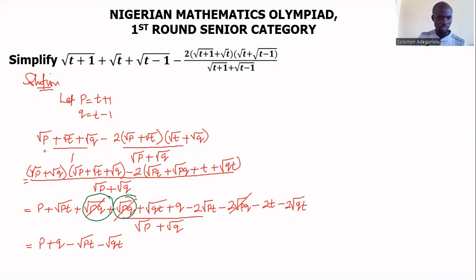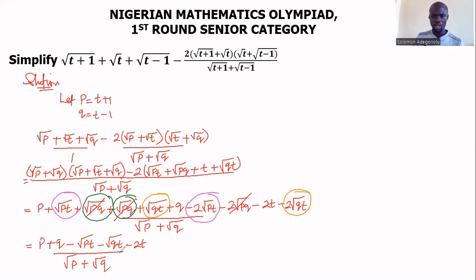We are left with minus 2T, over root P plus root Q. Now, how do we proceed from here?